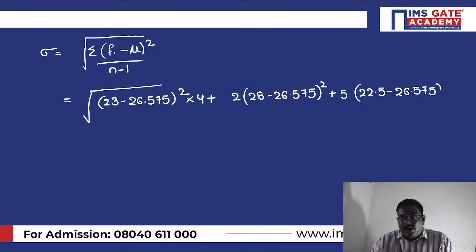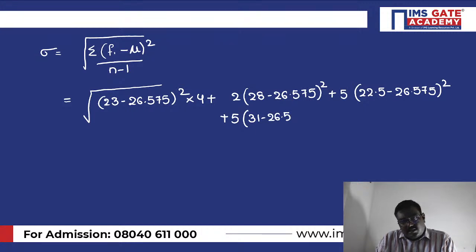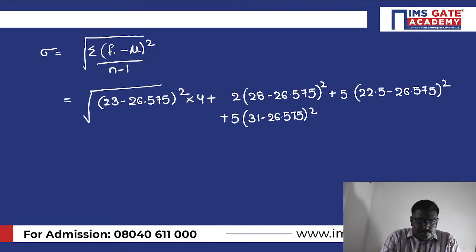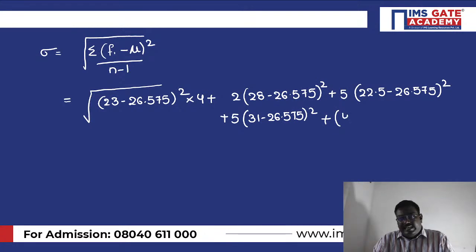And we also have 5 cubes of 31, and similarly we have 4 cubes of 29. If you calculate this, the average is the same 26.575 whole square.